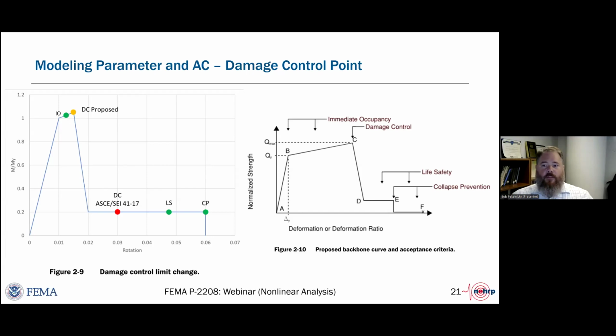And so the committee debated this a lot and felt like that transition from strain hardened response to degraded response is really when bad things are happening and damage is switching from stuff that can be easily repaired to stuff that requires significant repair. That's certainly not in the definition of damage control.